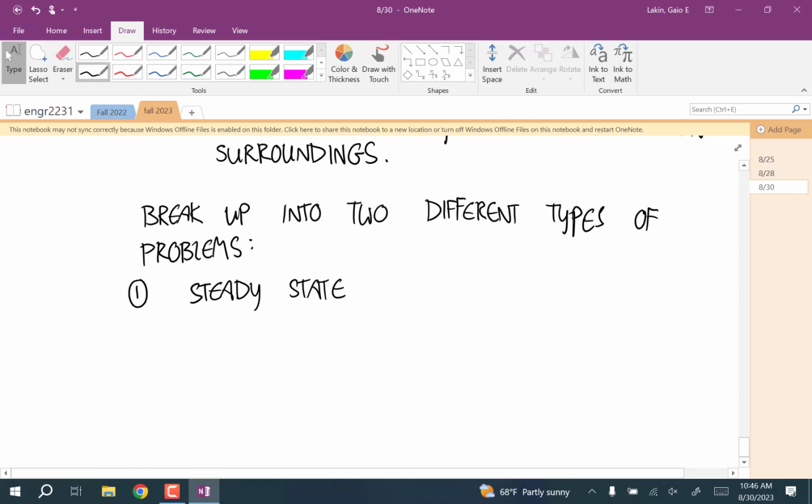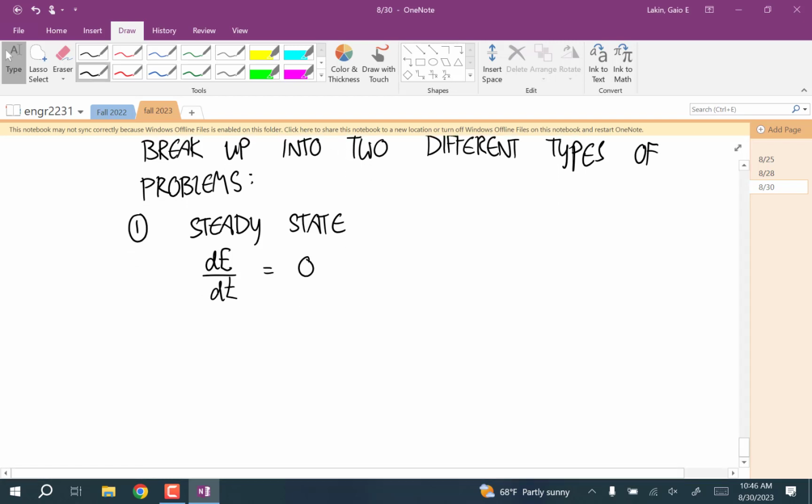Steady state means that over time, the energy of the system doesn't change. So dE dt is 0. And then the second type is transient, where this isn't 0. So dE dt is non-zero.